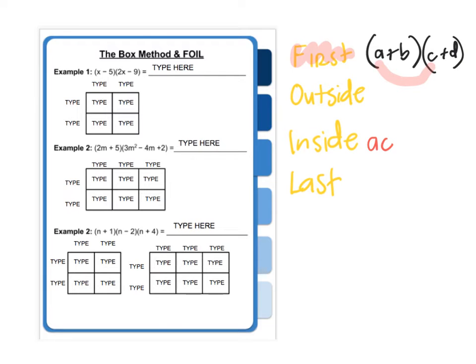For outside, you would do A times D, so you'd have plus AD. For inside, you would do B times C, so I would have plus BC. And then for last, I would do B times D, and we would have plus BD.